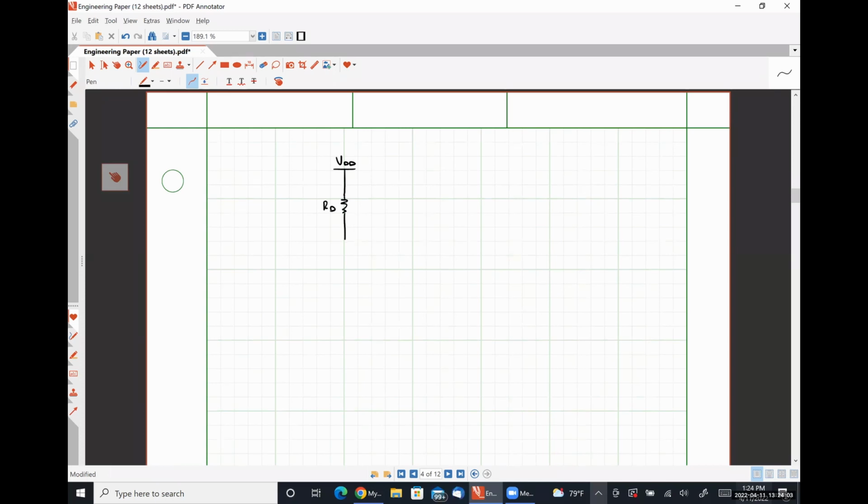Here's our resistance RD. Here's V out. Here's ZS, where I know I shouldn't just use the resistor symbol, but I'm trying to make it obvious that we've seen this before.